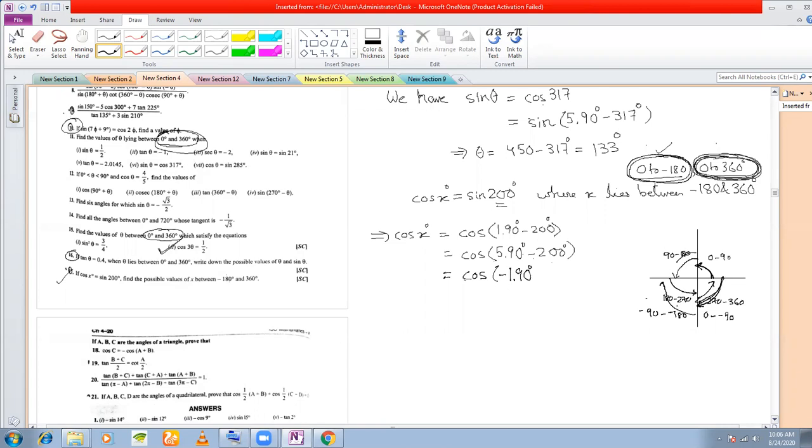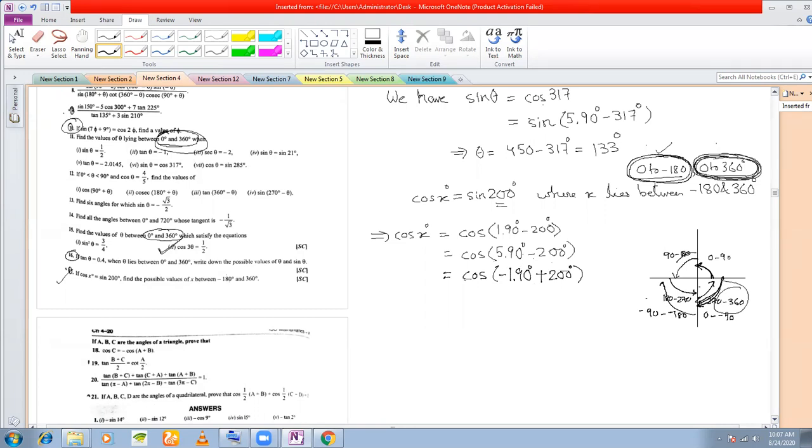This lies in the fourth quadrant, isn't it? So this has to be plus 200 in order to keep it in the fourth quadrant, because cos is positive in the fourth quadrant, right? So is this angle acceptable? Yes, 110. So these three are the only solutions.